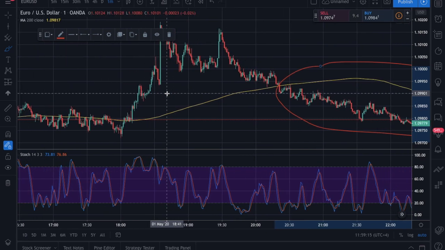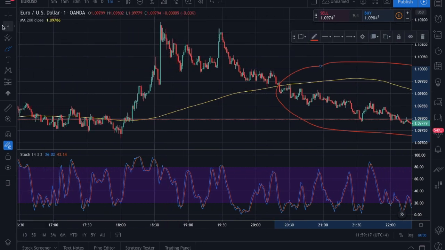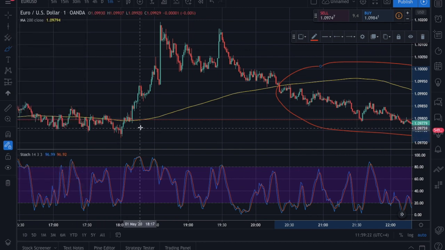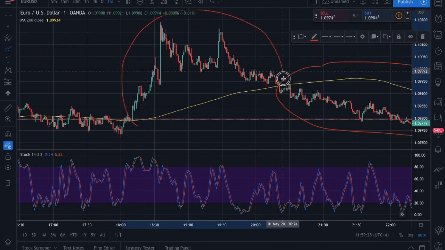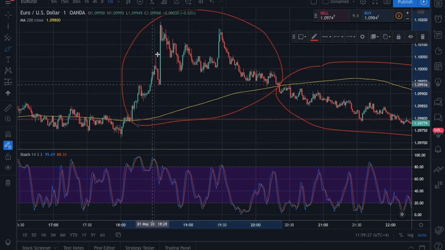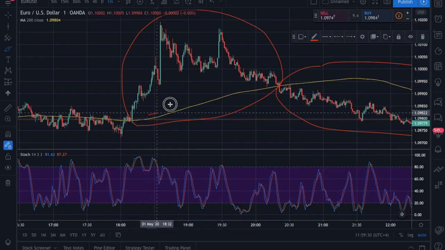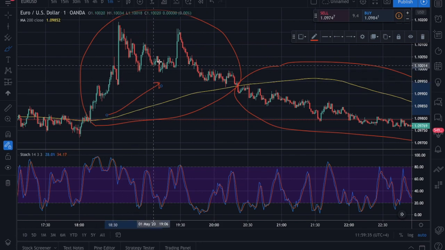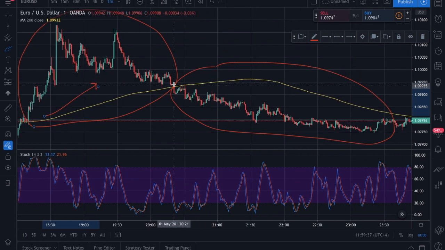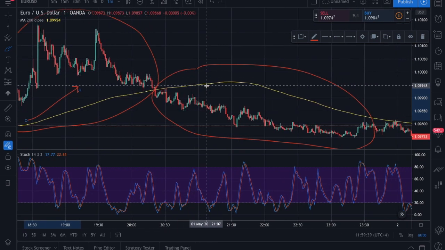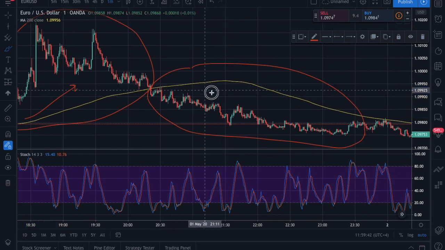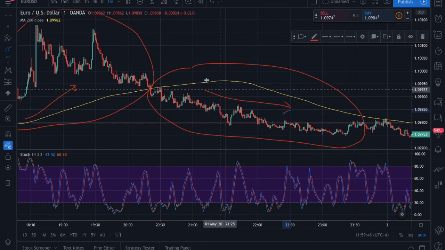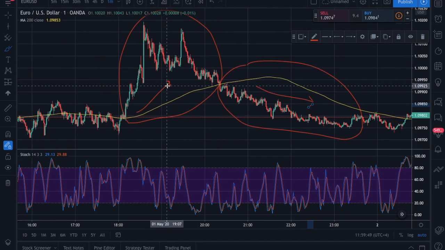Let me do the circle for you guys here too, for the uptrend. This is going up. But here, after the candle came down below the moving average, it's coming down. It's pretty obvious.